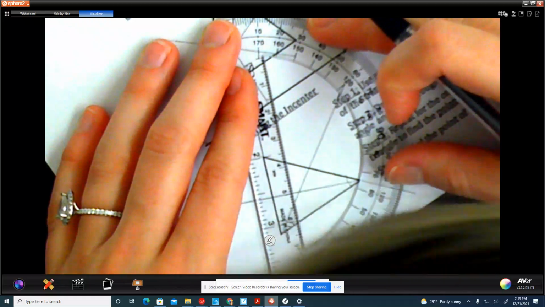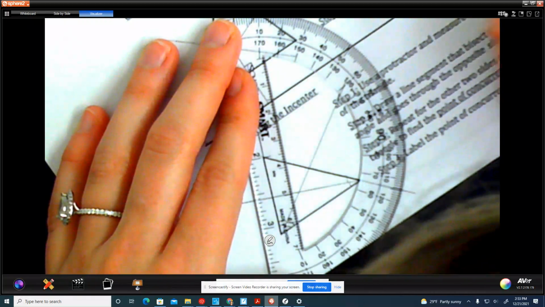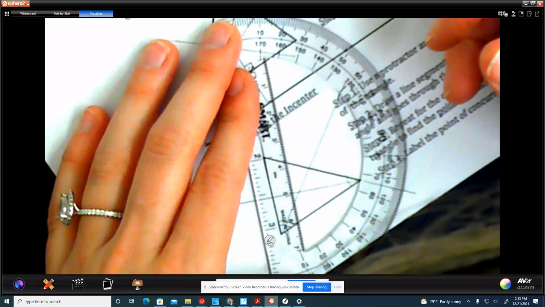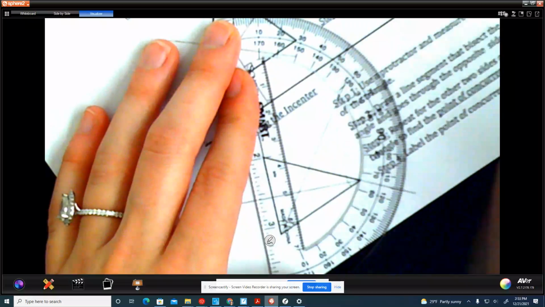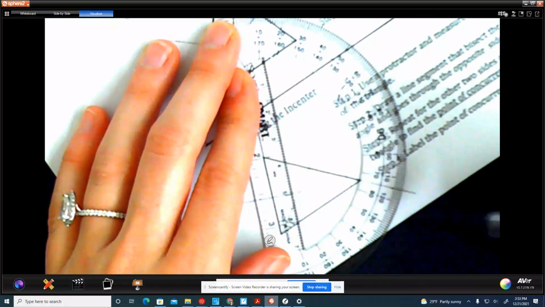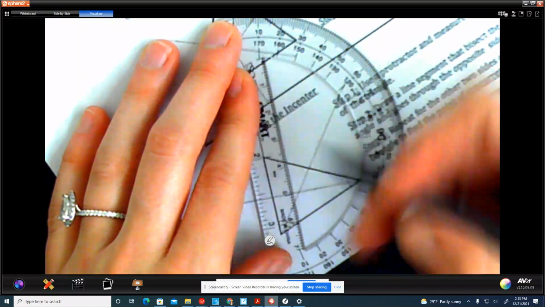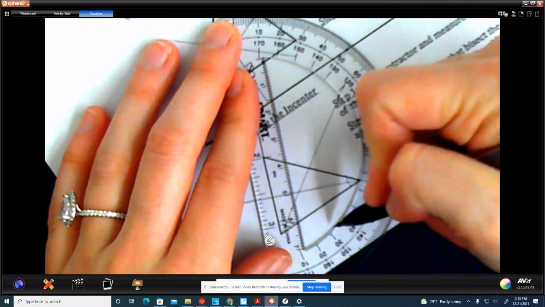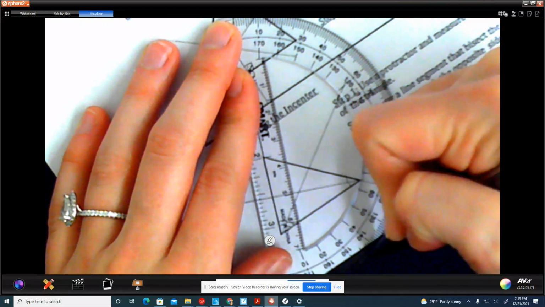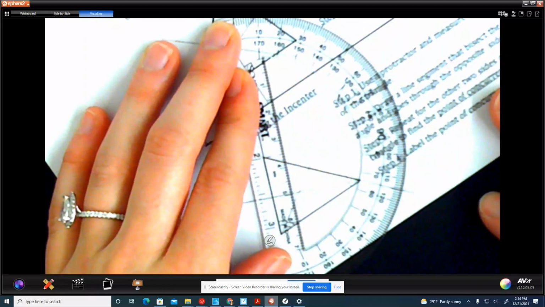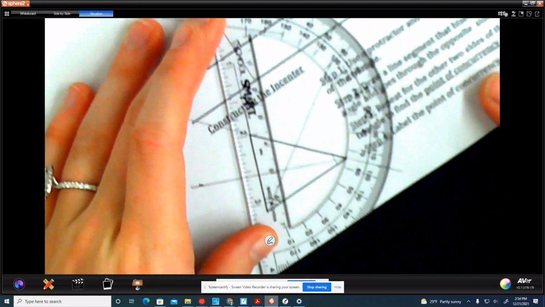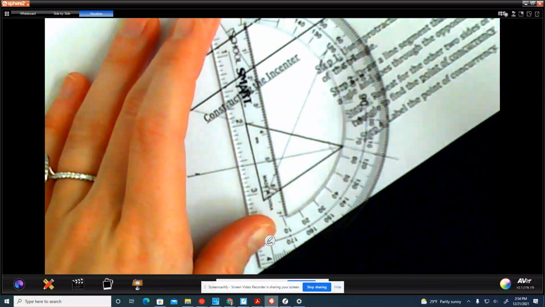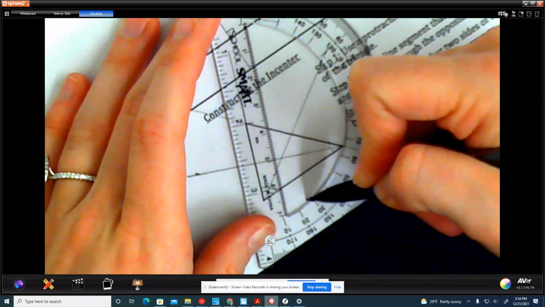Looks like it's about 65? 65 or like 64. Half of that's about 32. Obviously I'm running out of room right here, so. Can you see this? Okay, there you go. It's about 32. I'm gonna mark it on this side because I can't really mark it on that paper.